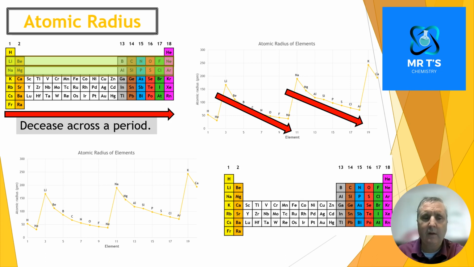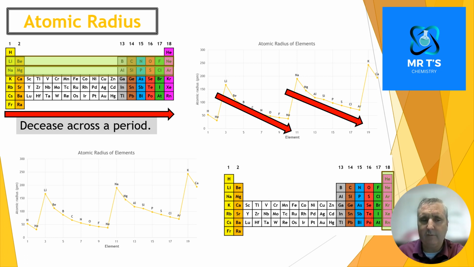If we look at a specific group, so in this case, let's say we looked at lithium, sodium, potassium, or we looked at helium, neon, or argon. We can see as we go down a group, so as we go downways, the actual atomic radius increases.